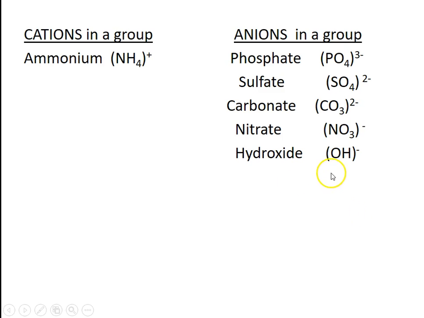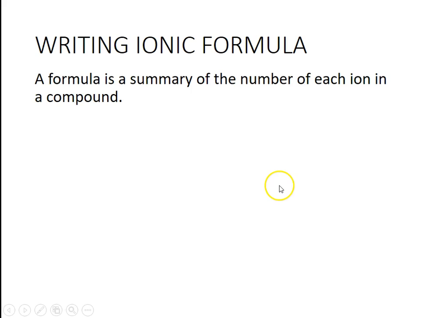These are complex ions, so this is a little group where the phosphorus and 4 oxygen have got together in a little group, and that whole little group has gained 3 electrons. That's why you need to keep the brackets around the little groups. Phosphate, from a previous video, you'll remember this means phosphorus with oxygen attached to it. So we also have these complex ions.